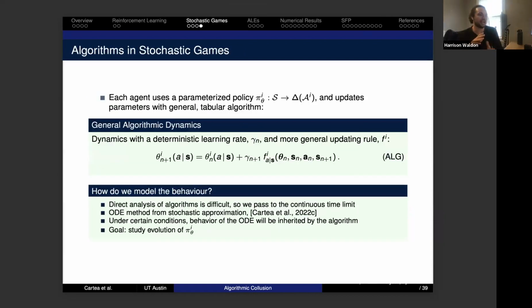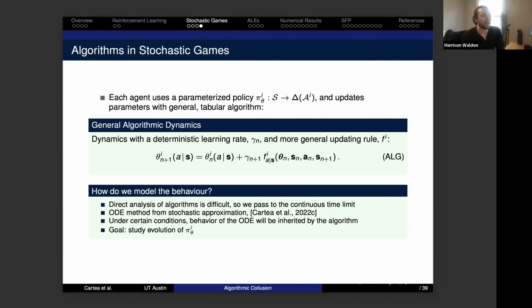Okay, so for each agent, we'll use an algorithm to learn a parameterized policy. And our goal is to understand the behavior of these algorithms interacting with each other. And to do so, we'll analyze the evolution of policies through the evolution of parameters. Direct analysis of discrete time algorithms is difficult because you're having to deal with the randomness of a non-stationary state process.